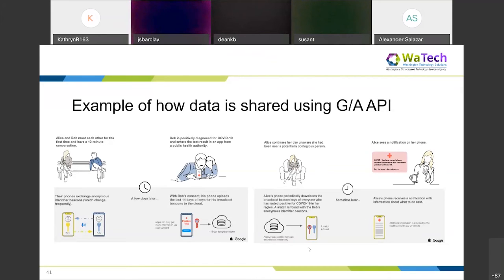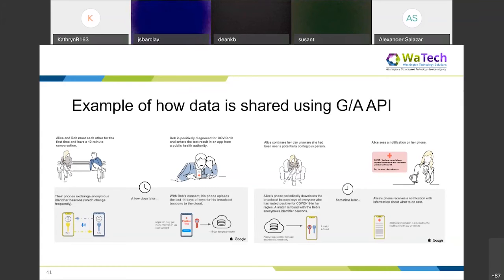And so this way, Alice is able to find out she's been near somebody, and then she can monitor her symptoms and decide what to do. A lot of the app is really helping individuals, essentially telling them to contact public health authorities or their providers if they've been exposed.